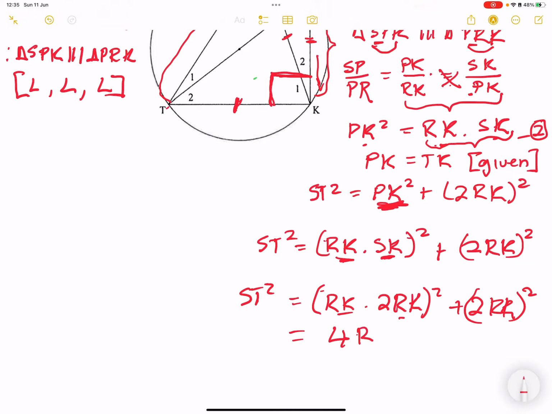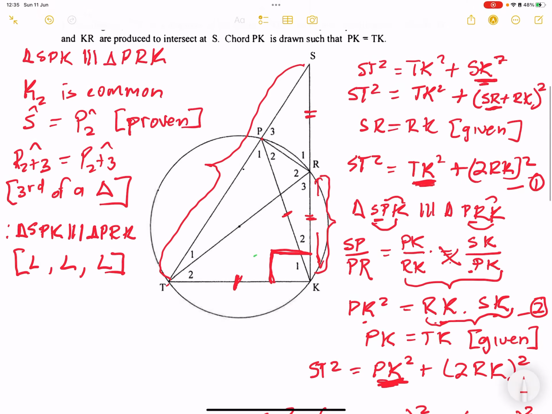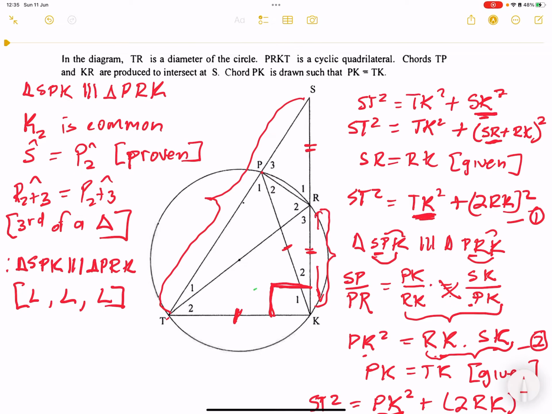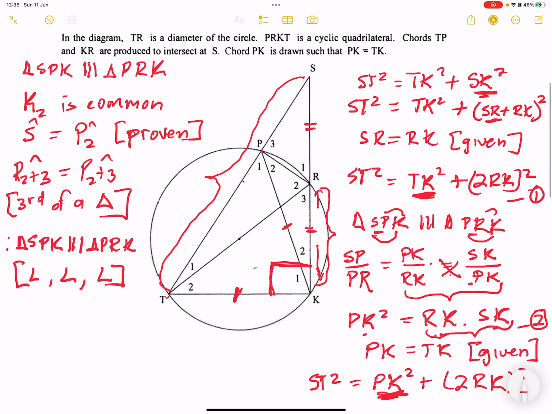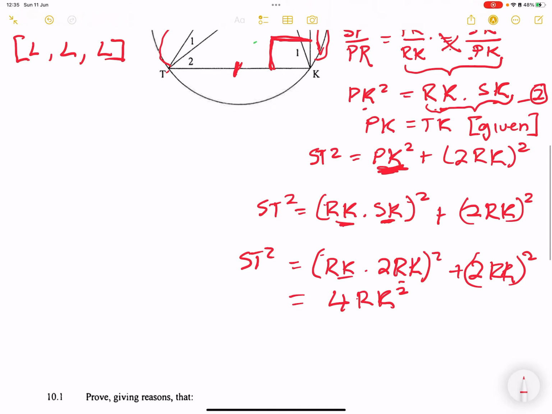I said 2, so this should actually be 2, PK squared, RK squared. So that should be 2RK squared. So this would be plus 2RK squared.